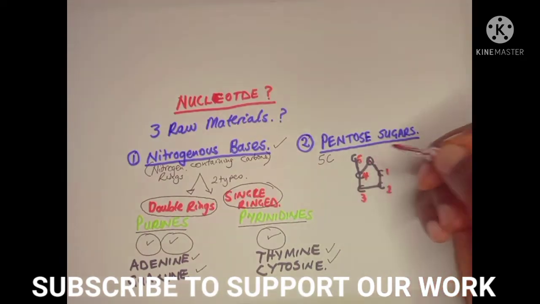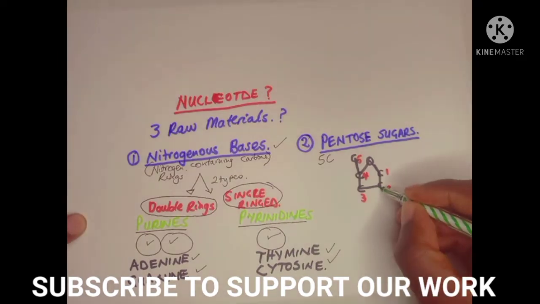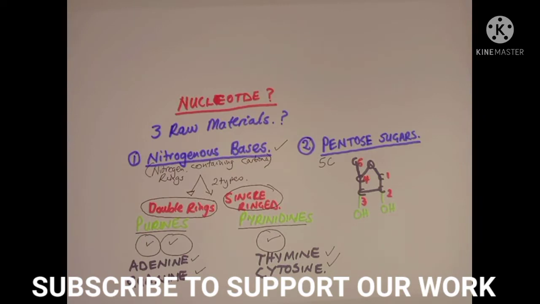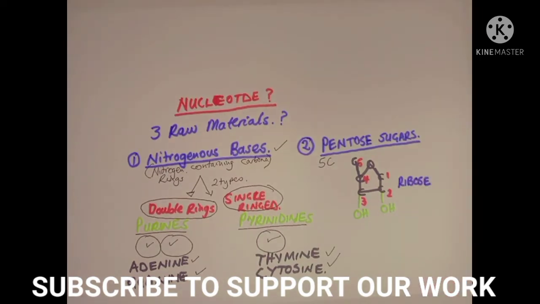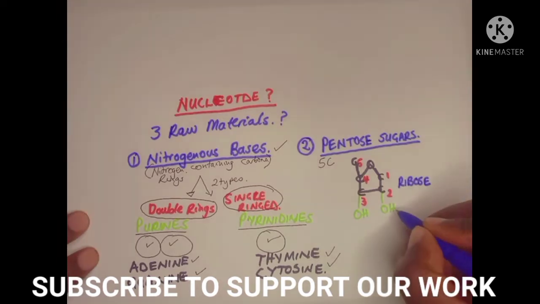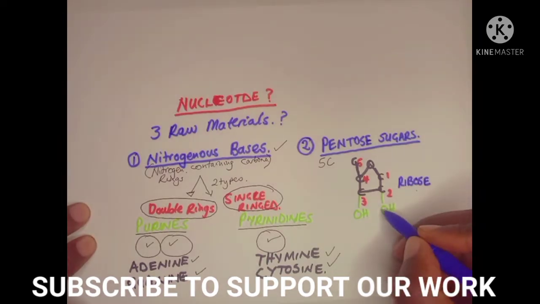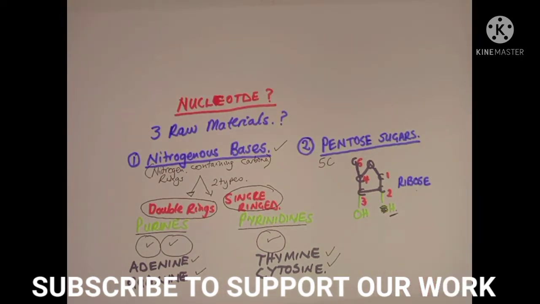Now I want you to take note of this fact. If on carbon number 2 we've got a hydroxyl group and a hydroxyl group on number 3, this pentose sugar is called a ribose, and it is used to make ribonucleic acid, which is RNA. But if you knock out this oxygen on carbon number 2 and we are only left with the hydrogen, the name changes.